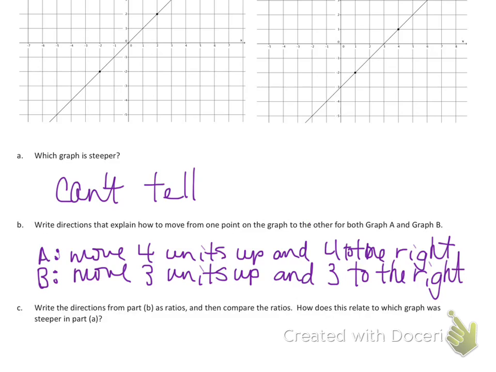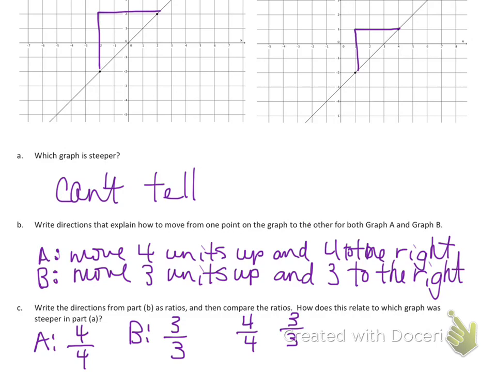Okay, so let me get these back on. Part C, compare the ratios. So for graph A, we've got 4 units up to 4 units over to the right. For graph B, we've got a ratio of 3 to 3. So in this case, we've got 4 over 4, and if we want to compare that to 3 to 3, these values are both 1, so the ratios are equal in this situation.